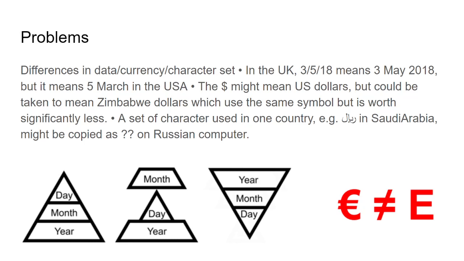We have the English alphabet, which comes from the Latin writings. These are some examples: day, month, year; month, day, year; year, month, day. So basically, different places have different conventions.